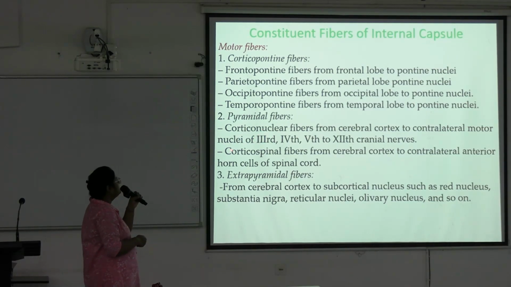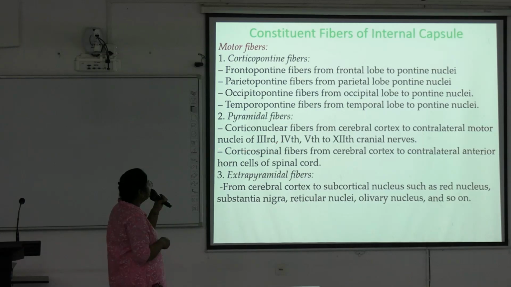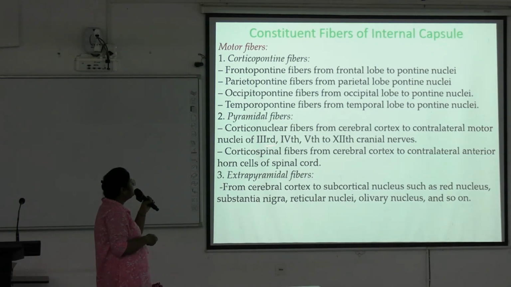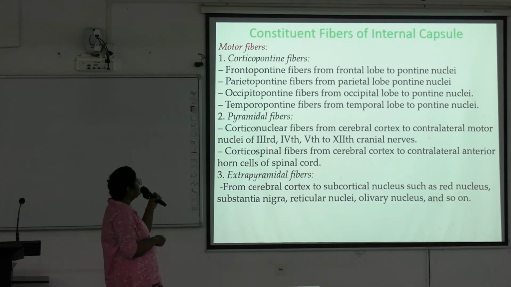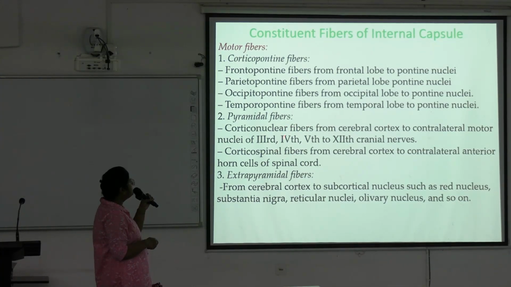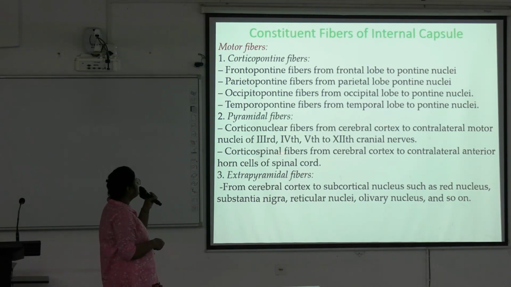Pyramidal fibers are corticonuclear and corticospinal. Corticonuclear fibers go from cerebral cortex to the contralateral motor nuclei of 3rd, 4th, 5th, 6th cranial nerves. And corticospinal fibers go from cerebral cortex to contralateral anterior horn cells of the spinal cord.